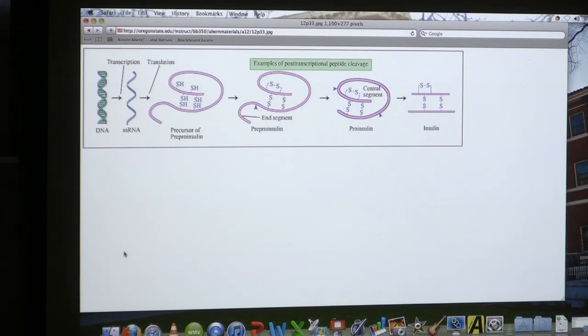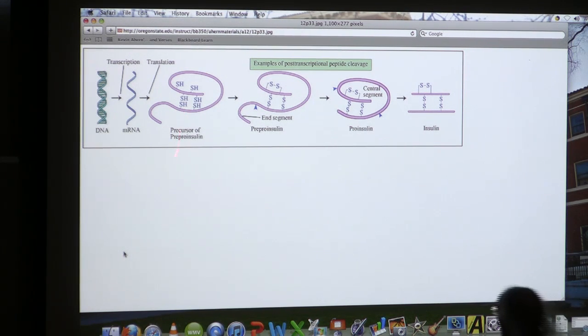It is synthesized first as a single polypeptide chain, and you'll notice it's called precursor of pre-pro insulin. Okay? So we can see there's a lot of preparation there. Pro is also another way of saying it's a precursor. So this has to be processed a fair amount to make the final mature insulin molecule, because if it's not processed, it won't function.